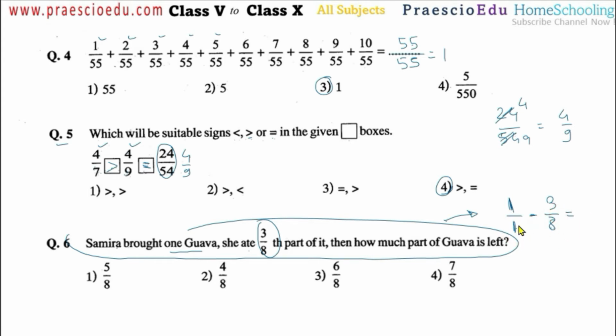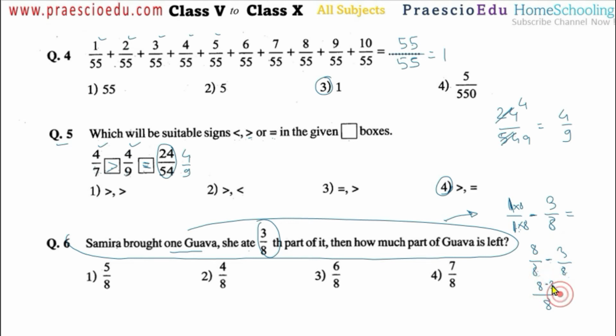So here also multiply by 8 and here also multiply by 8, then here 8 will come. So 8 by 8 minus 3 by 8. Now both the denominators are the same, so these two are now like fractions, and we can do the subtraction. So 8 is kept as it is. Now 8 minus this 3.